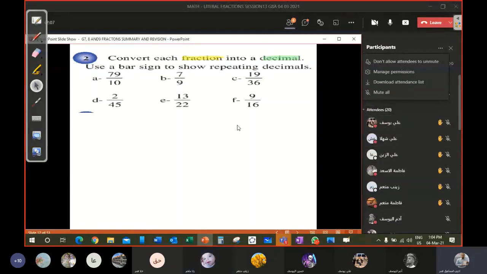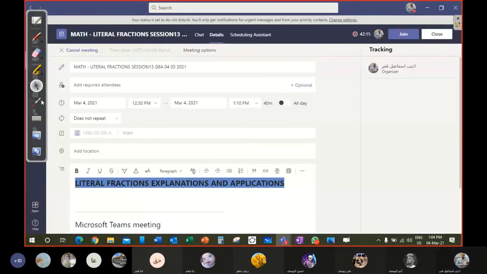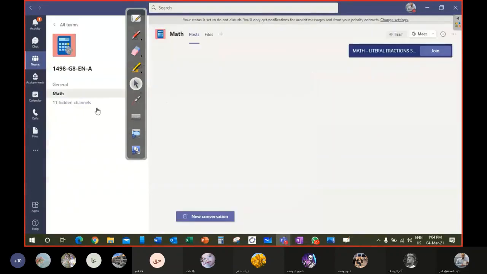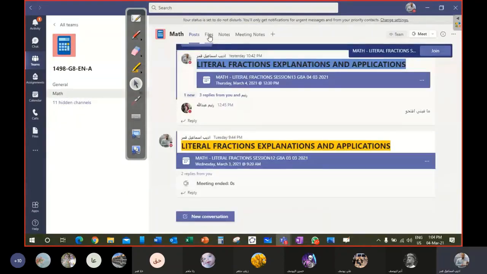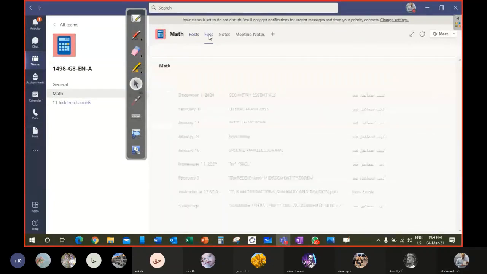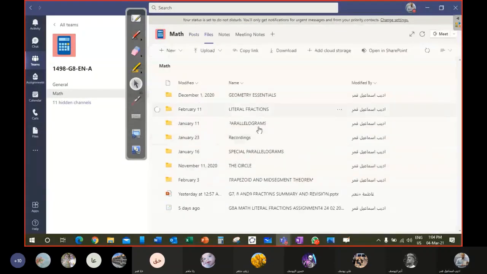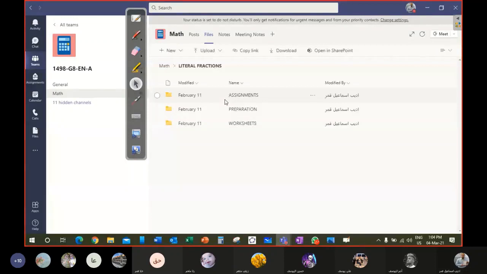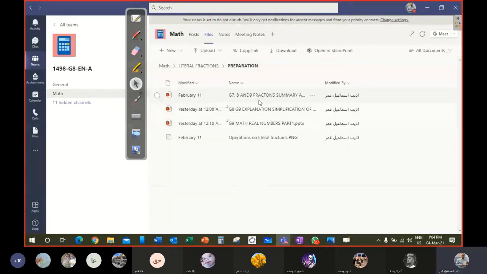You can find this presentation and all the solutions in your files on Microsoft Teams. You open your Microsoft Teams, you go to Files, literal fractions, and you will find preparation, and you can find them here.